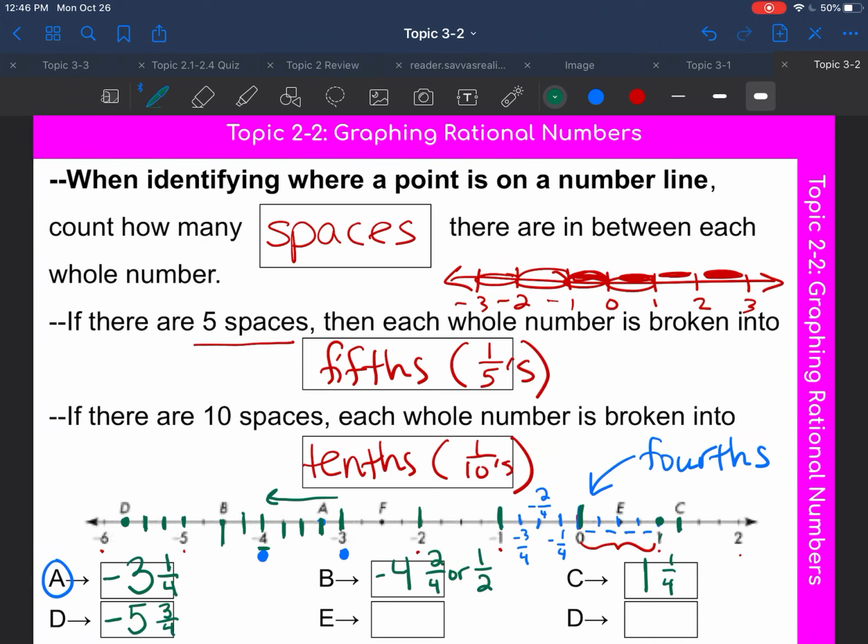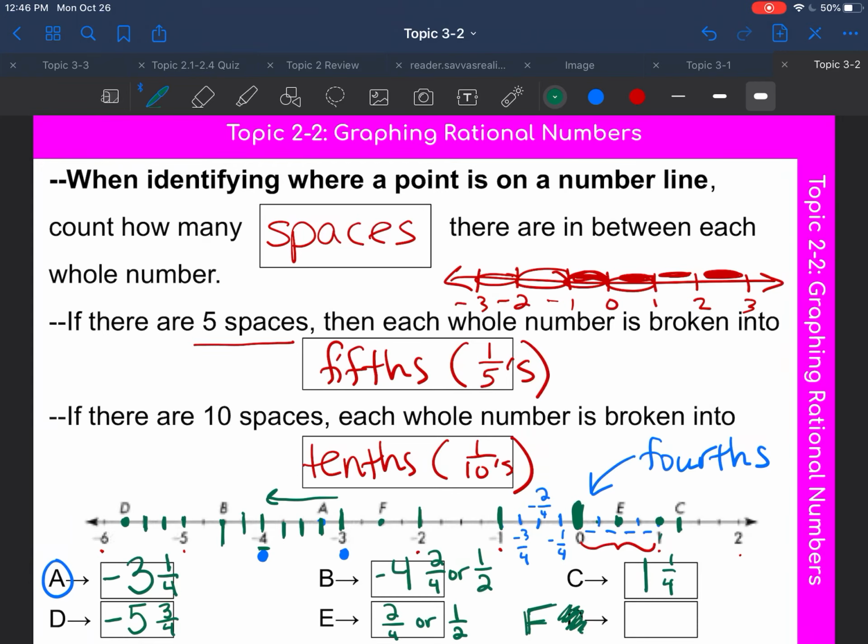3/4. We have E over here. We kind of counted that earlier. We have 0, then 1/4 and 2/4 is E. 2/4 is the same thing as half. And lastly, I wrote D again. Whoops, I think I meant to write F. So you can delete that and write an F instead.